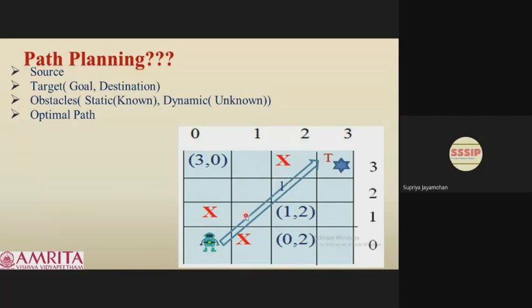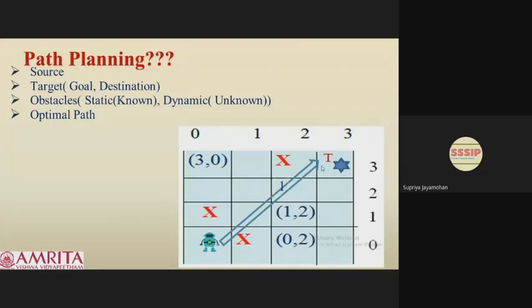The best path is, since there are obstacles here and here, the least path is the optimal path, going from the source to the target. This is what most of our algorithms need to attempt: make the robot reach from the starting point to the ending point, or what you call the destination or the target.